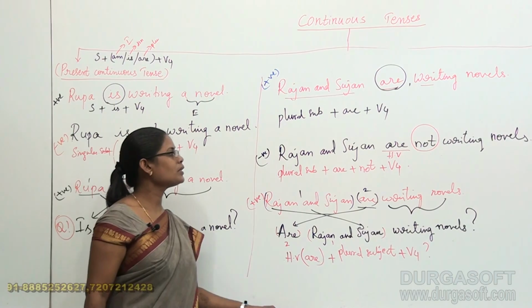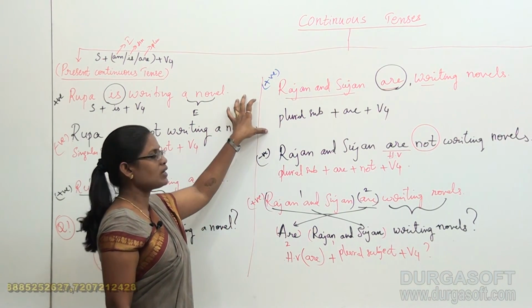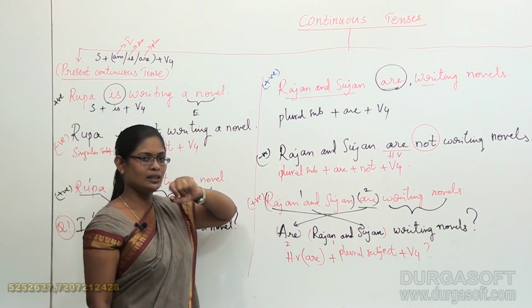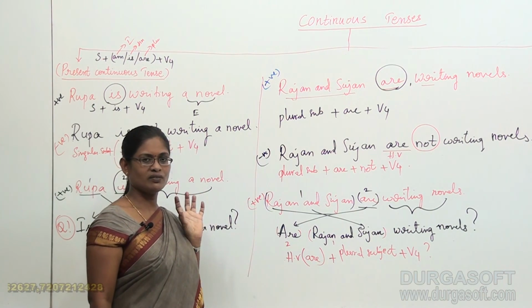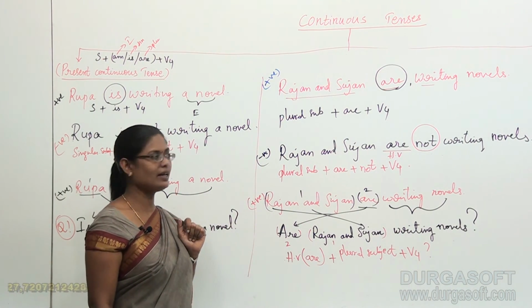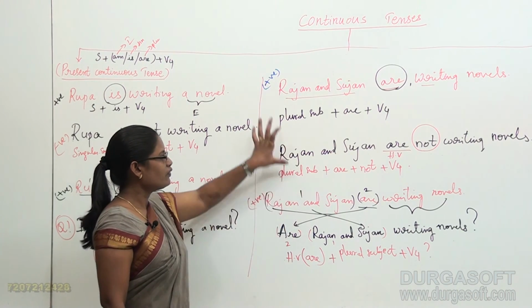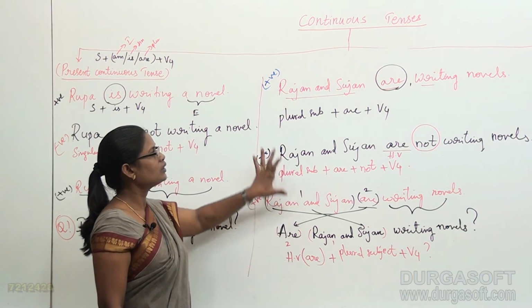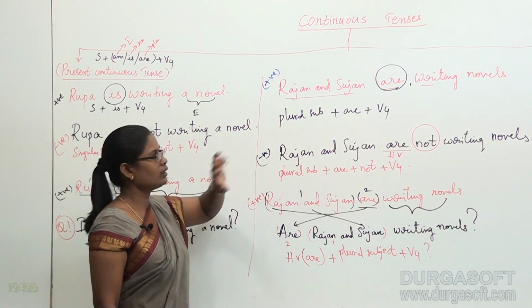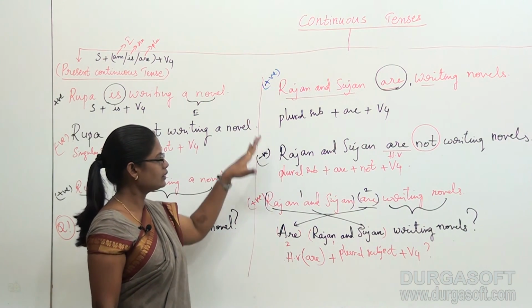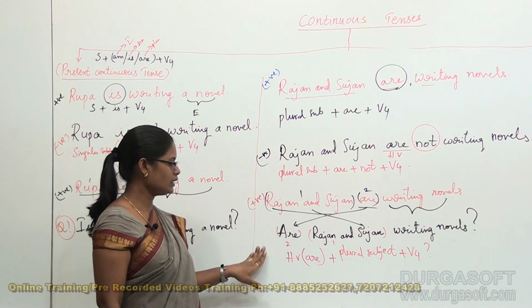So far, students, as we have understood the concept in our earlier classes, now it's very easy for us to deal with it very quickly, right? So these are the sentences formed using a plural subject: a positive sentence, a negative sentence and a questioning sentence.